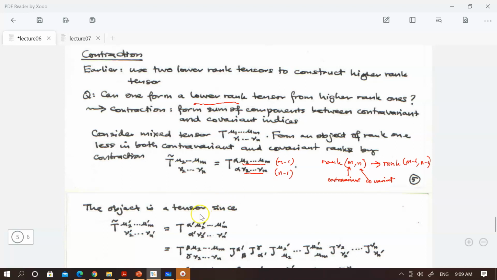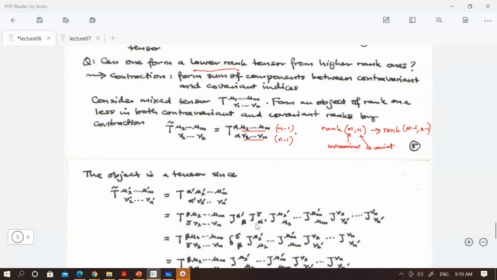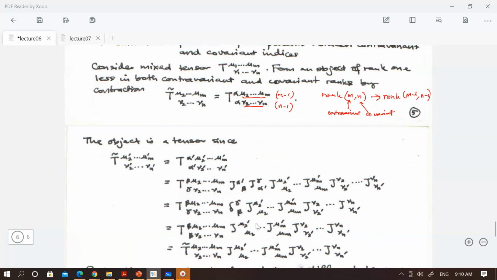One can actually show that this is indeed a tensor of lower rank (m minus 1, n minus 1). If we redo this in a different coordinate system, where the dash indices correspond to the dash coordinate system, then the definition of T tilde is given by this. You correspondingly write T with alpha dash at the bottom, and the rest are the free indices.